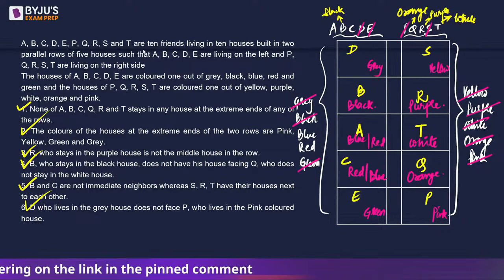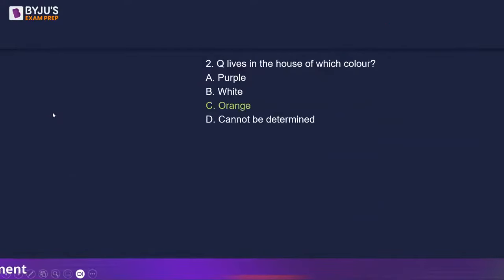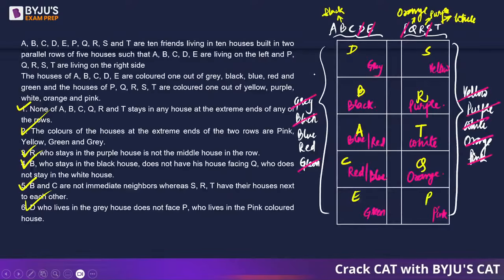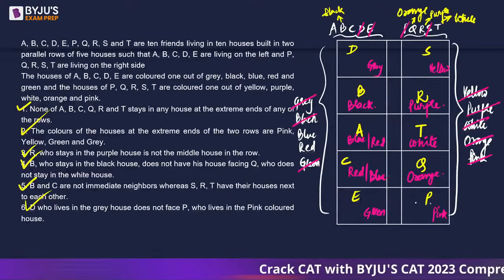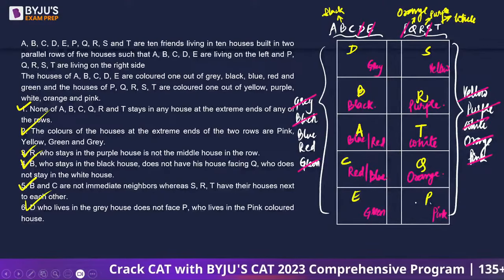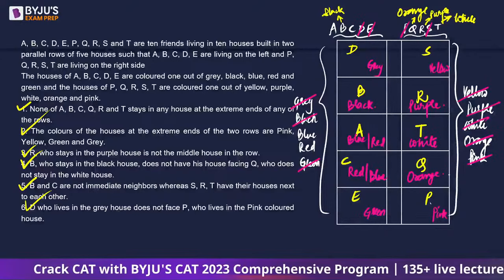Okay. So if you remember, we really cannot. So question is, what is numerically the average of the respective ranks of P, Q and T? So if you look at P, Q and T, T का third है, Q का fourth है, P का fifth है.